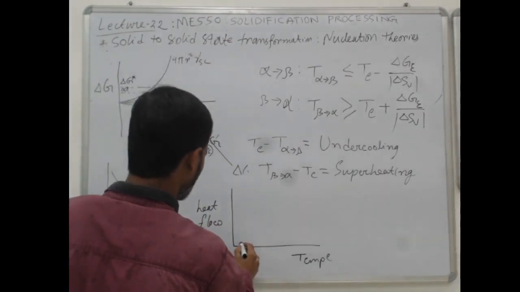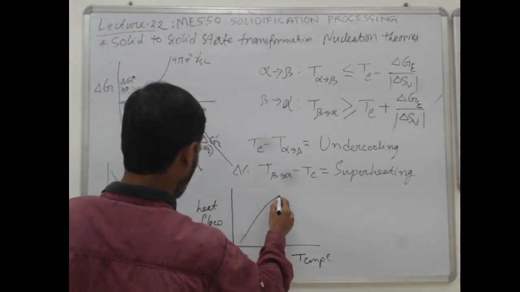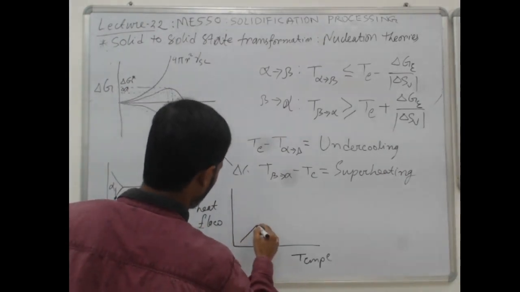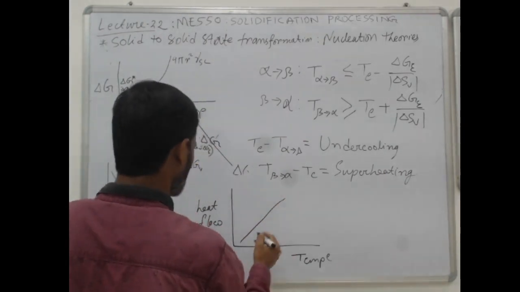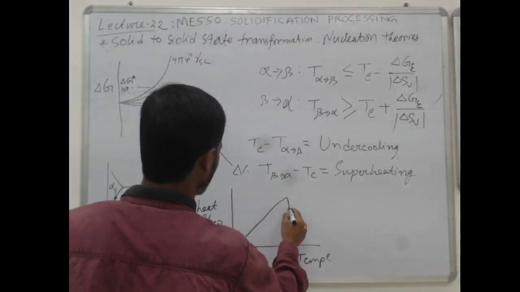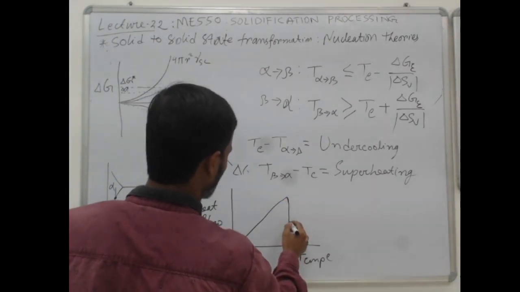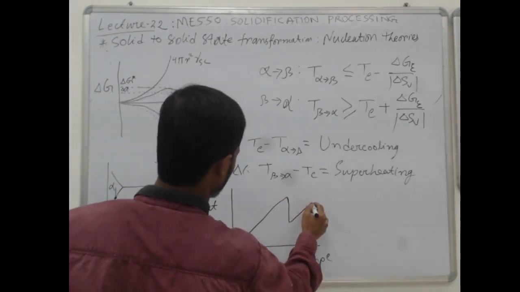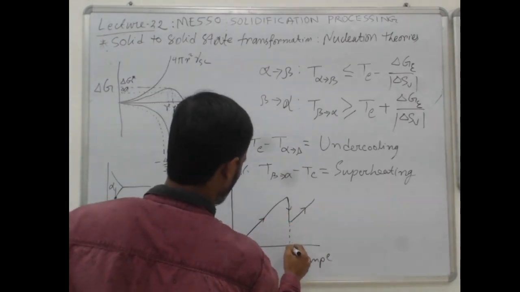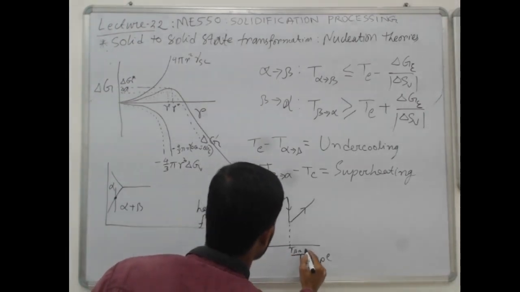You heat the system, you increase the temperature. After a certain temperature, beta will transform into alpha at constant temperature, and then again the temperature will increase. So this is one temperature, T beta to alpha.